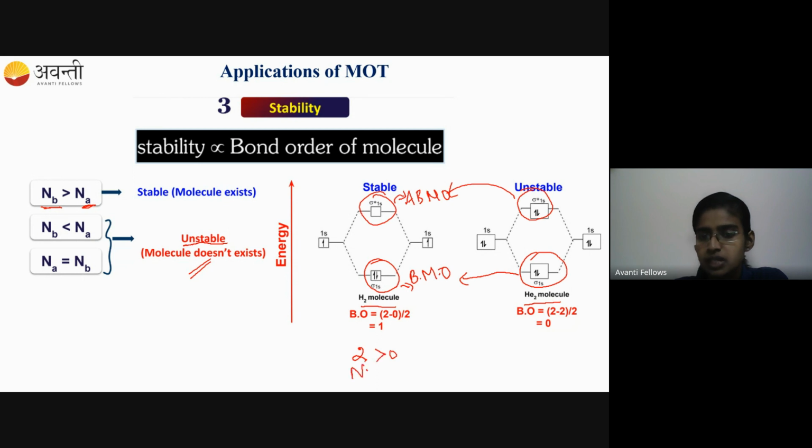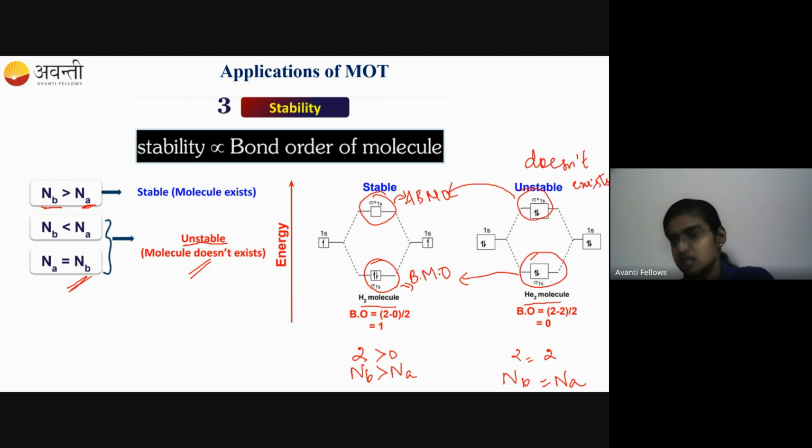So Nb is greater than Na, and that's why the hydrogen molecule is stable and exists. But in the second case, for helium, the number of electrons in bonding is 2 and anti-bonding is also 2. So Nb is equal to Na. If Na and Nb are equal, then the molecule does not exist. Bond order comes to be 0. So the helium molecule does not exist as it is unstable. Got it?